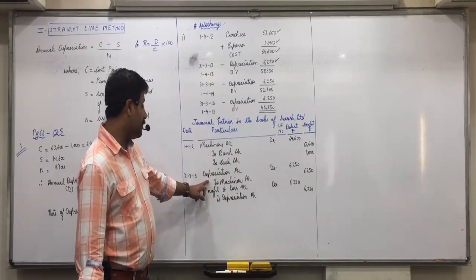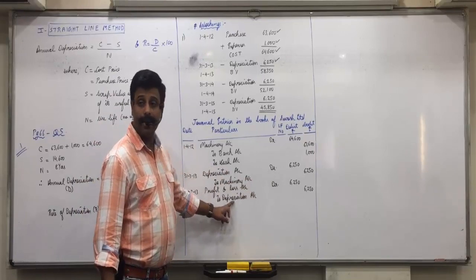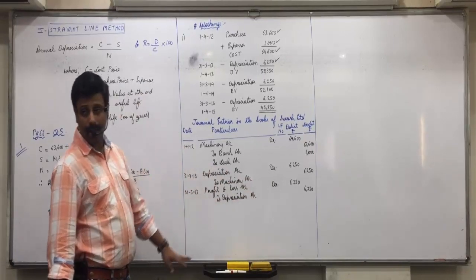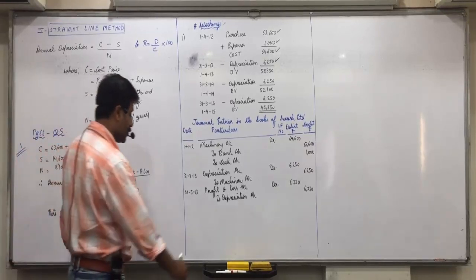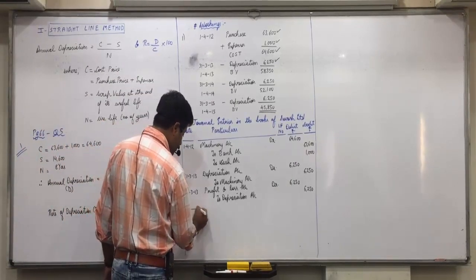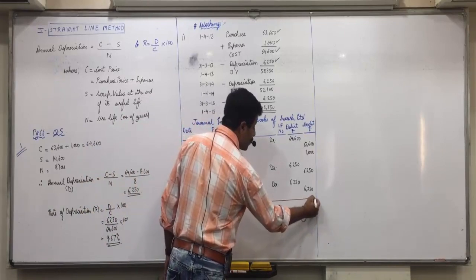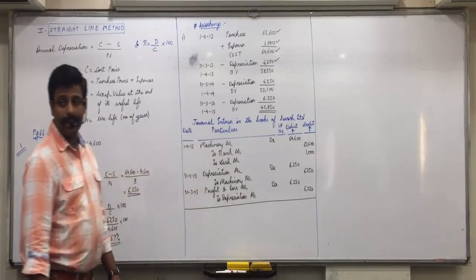Depreciation we debited; to close it, we reverse and credit, and we transfer it to profit and loss. So profit and loss account debit. Any doubt in this? Being depreciation account transferred to profit and loss account. So 1 year is over.